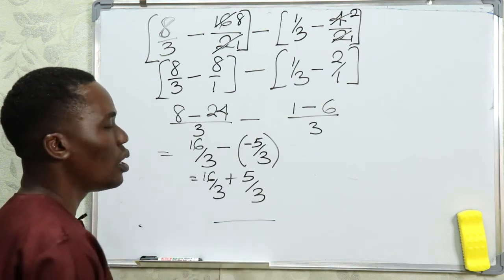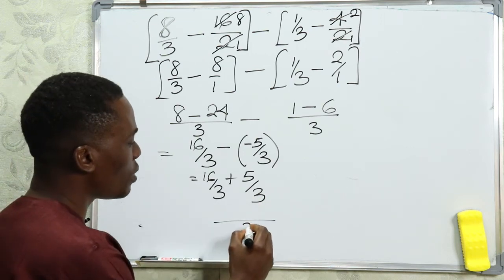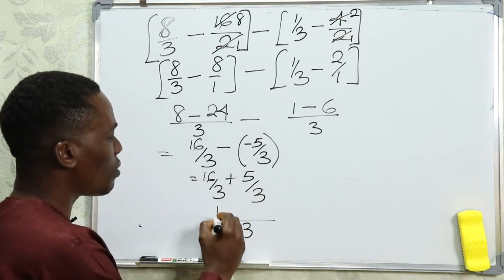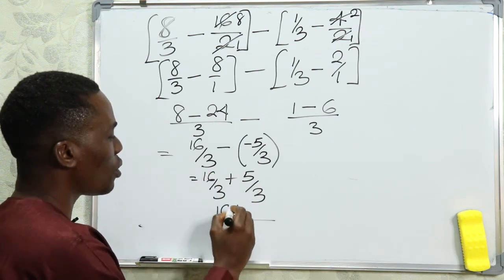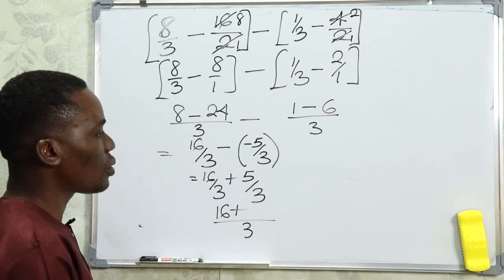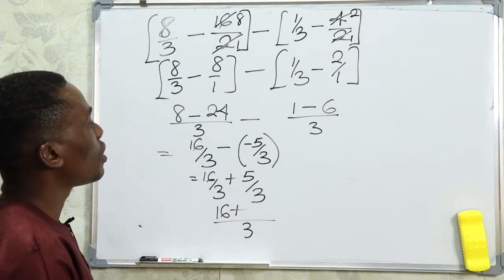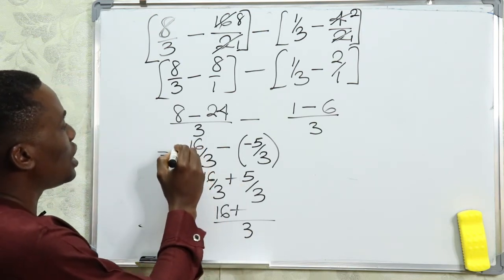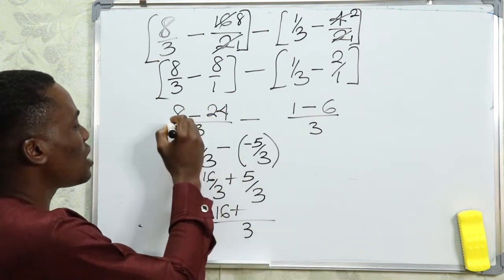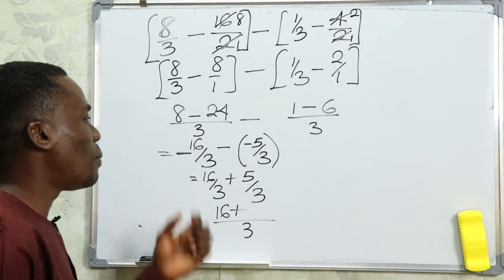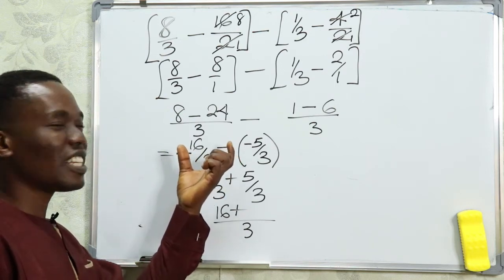So we'll look for the LCM. The LCM is going to be 3. 3 divided by 3 will give us 1. 1 times 16 will give us 16 plus, sorry, this should be a negative sign, because 8 minus 24 is going to give you minus 16. That's an oversight.